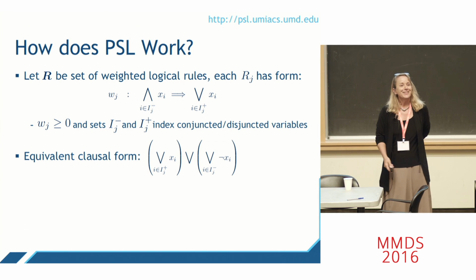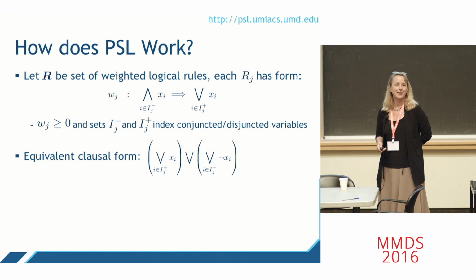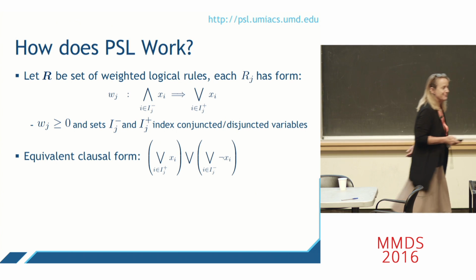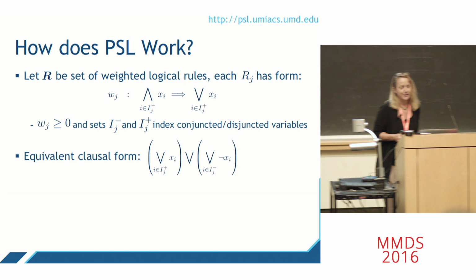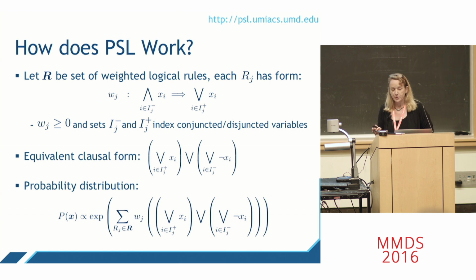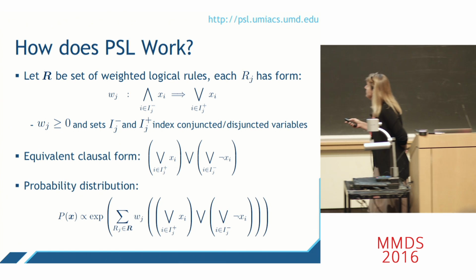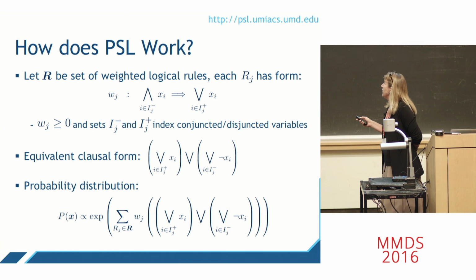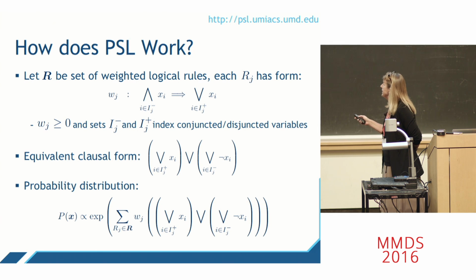And then I'm going to define an energy function that will give me a probability for each assignment of the random variables. And I'm going to make this proportional to the weights of the sums over all of the rules instantiated on the data over this disjunction.